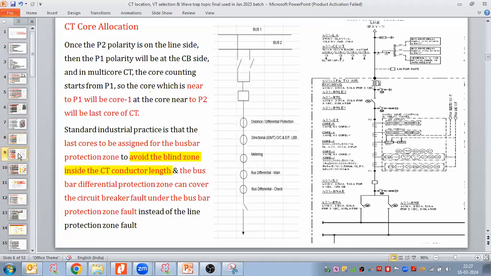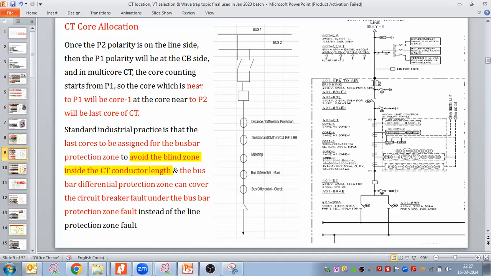Okay, sir. Now let us discuss the core allocation. Once the P2 polarity is on the line side, then P1 polarity will be at the breaker side or the bus side. And in a multi-core CT, the core counting starts from P1.